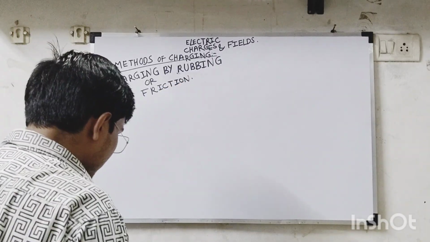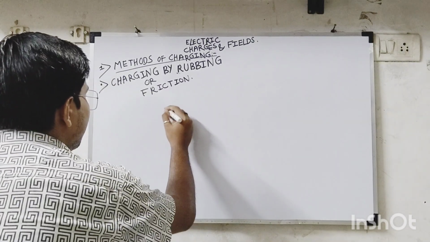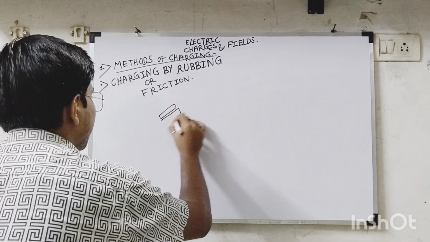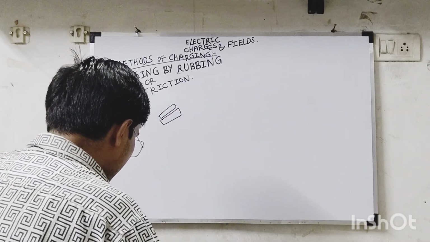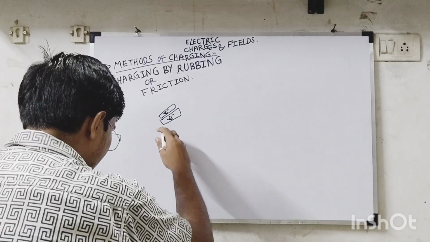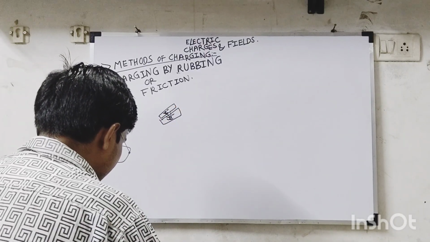What we will learn is what happens when two bodies are rubbed together. Some electrons from one body get transferred to the other body.